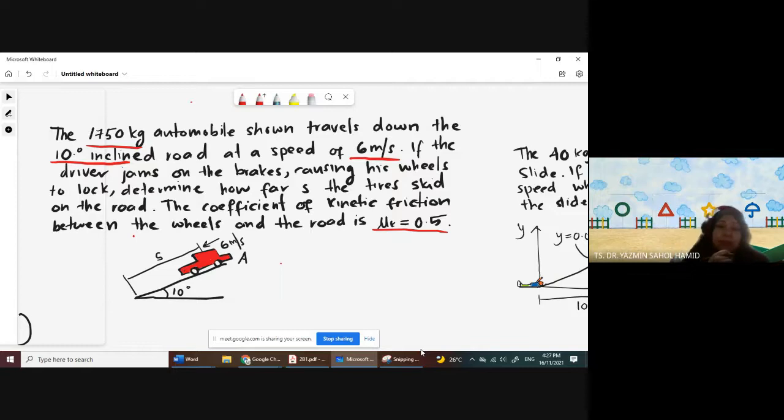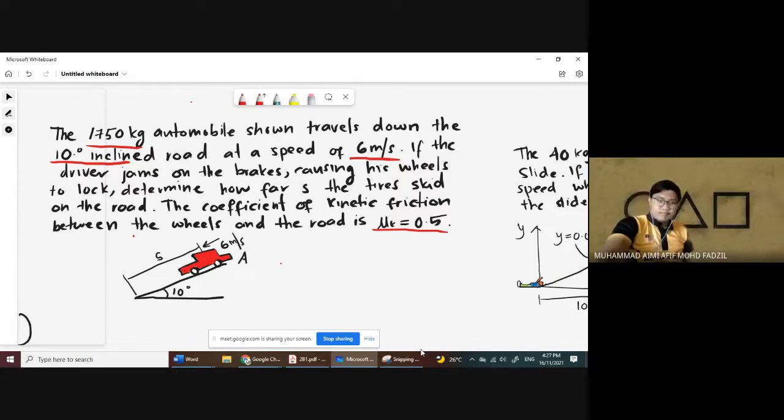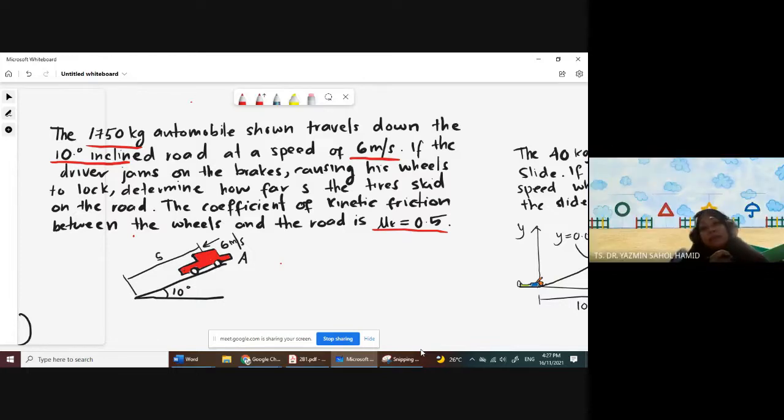Actually you can. You can solve using the constant acceleration formula whereby you need to find S, the displacement. You can use that and you can get the same answer.